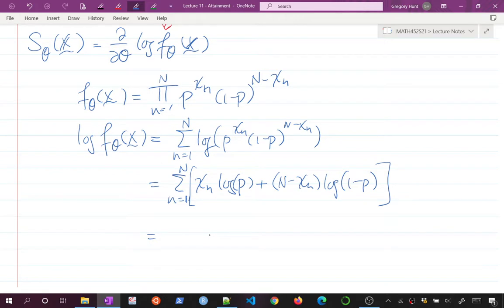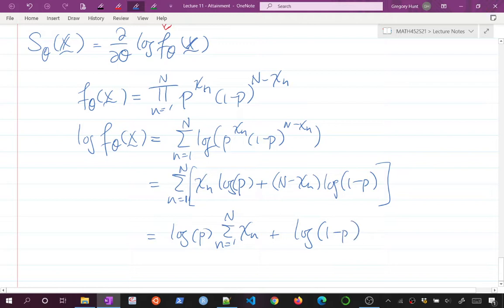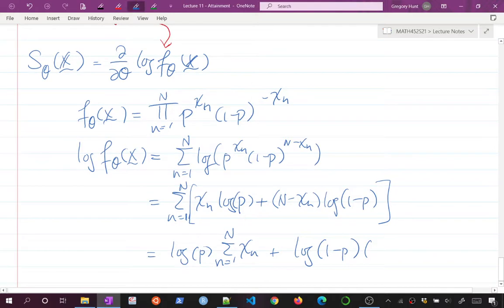Yeah, it doesn't really matter what order we do this in. Let's distribute it through. Or equivalently, you can think about pulling out this log. So it's log p times the sum of my x of n's, plus log 1 minus p. And of course, you can correct me: that should not be an n, it should be a 1.